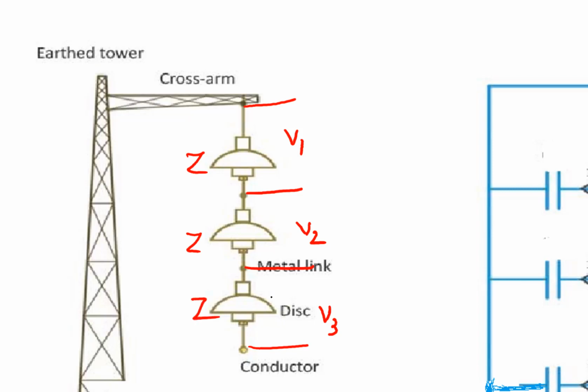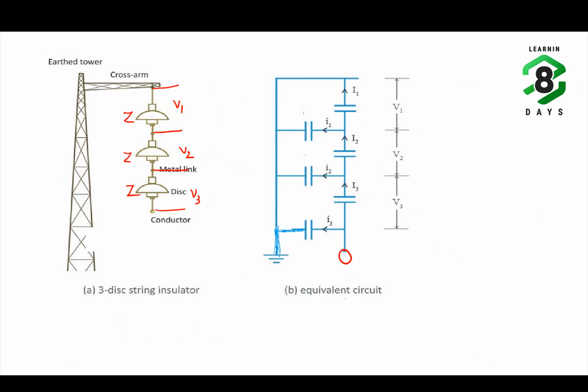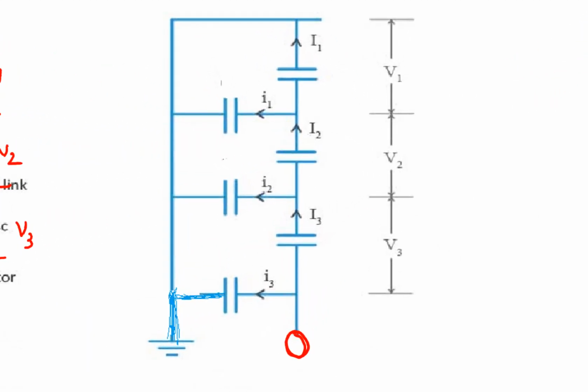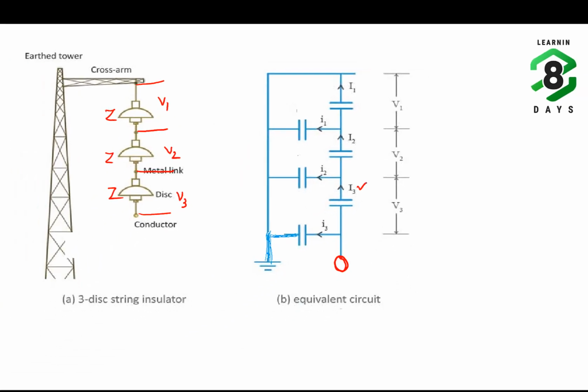Now from the conductor that is connected to the last disc, the current will flow through all these capacitances. So the currents that are flowing through the discs are different. You can observe the current flowing through the disc that is connected to the conductor is I3.